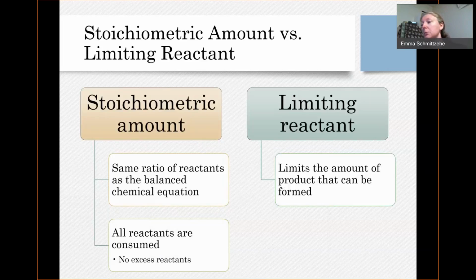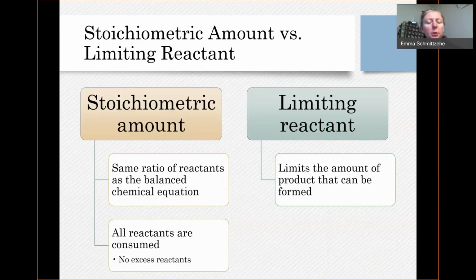Typically we would set up a reaction, and whatever the expensive substance is, we would quantify that. We would measure out how much we need, and then the other stuff we'd just throw in extra just to make sure that we use up all of that other expensive substance. There can be other reasons, but that's a pretty common situation why we would not want to waste this one reactant.